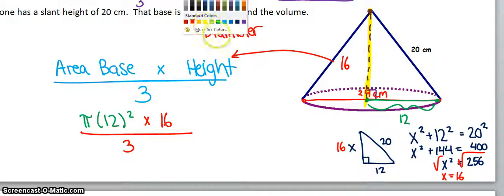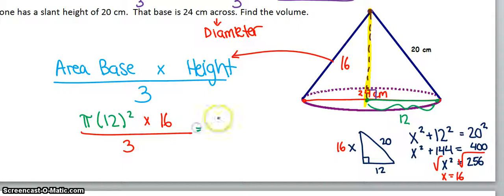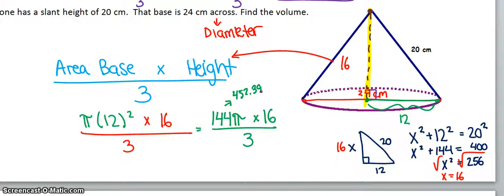So simplify that up. 12 squared is 144. So the area of the base is 144 pi. Multiply by the height, 16, and then divide by 3. So in my calculator, I'll plug in 144 times pi using my pi key. That's going to give me about 452.39. Then I'll multiply that by 16, which is about 7,238.